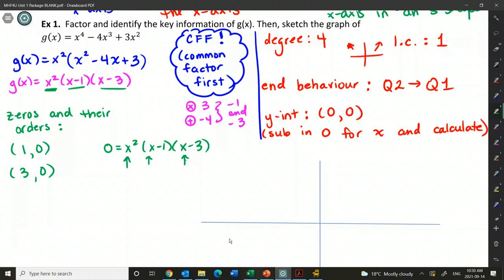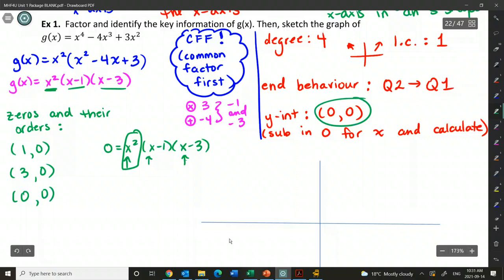Trent? 0. So the x that I would sub in to x squared that would make that whole equation 0 would be 0. So I also have an x-intercept at 0, 0. This makes sense because I have a y-intercept at 0, 0. If I'm crossing the x and y axis both at 0, 0, that's an x and a y-intercept.